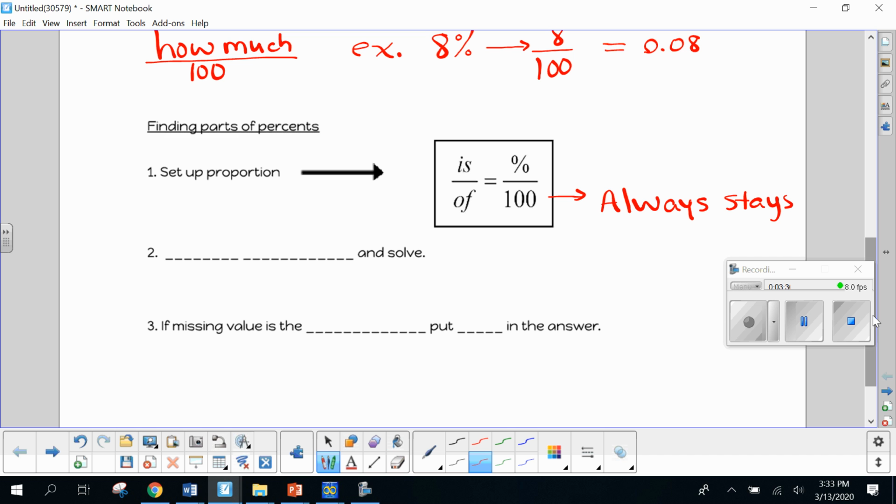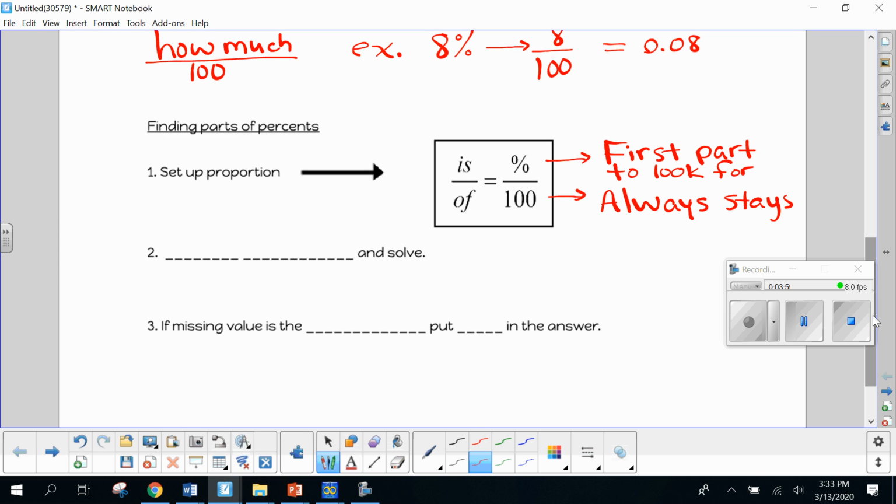When we have to find parts of the percentage, find the easy part, which is this piece. This is always going to be your first part to look for.